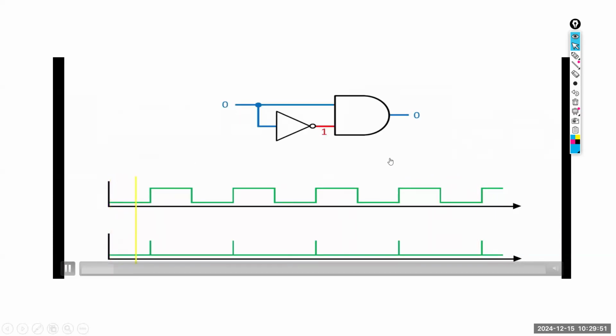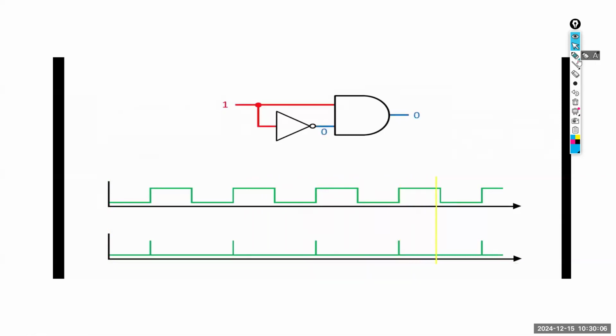Look again, look here. All of a sudden it becomes 1, and time to time pulses are there. So at this point there will be a pulse, and it's a very small pulse. So when we have a clock signal as the input to this circuit, the output is something like this.